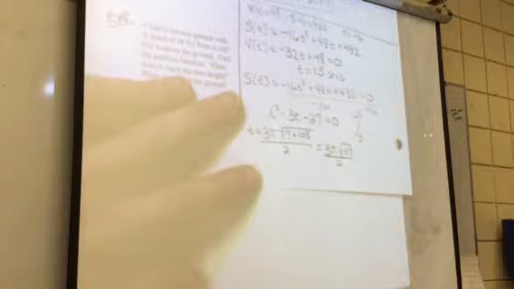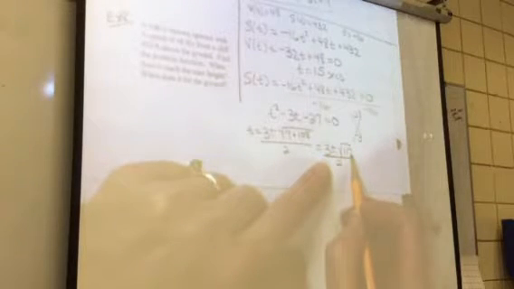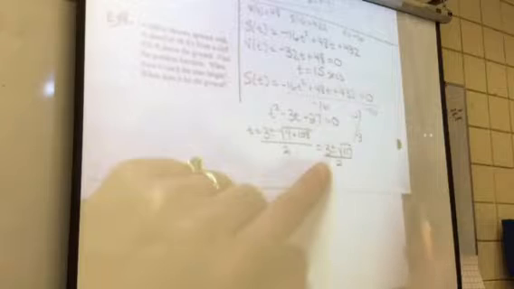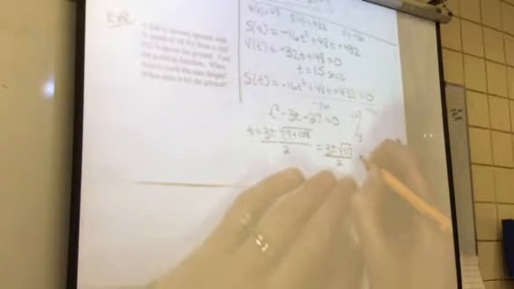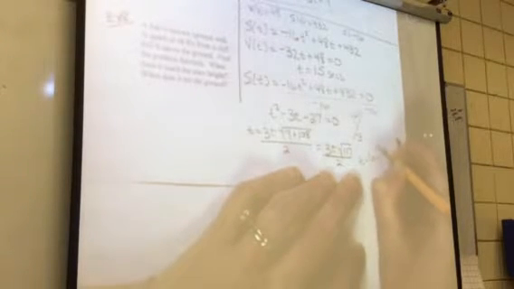This gives us two answers, but am I really interested in the negative value for an answer? No. So the only thing you would really need to calculate is 3 plus the square root of 117, and then divided by 2. So what happens to 3 plus the square root of 117 divided by 2? 6.9 seconds.